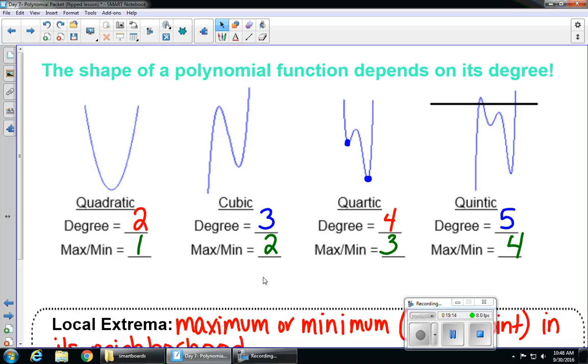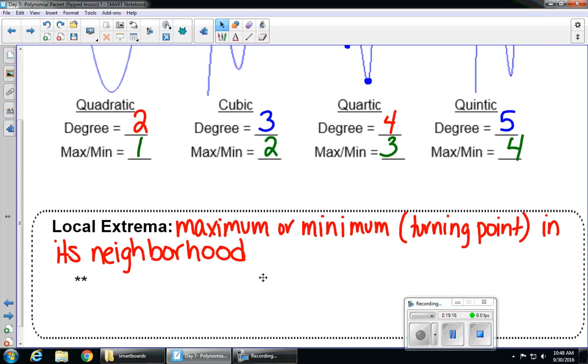And if we take a look at the relationship between the degree and the max and the mins, you should notice that your maximum and minimums is always going to be 1 less than your degree.